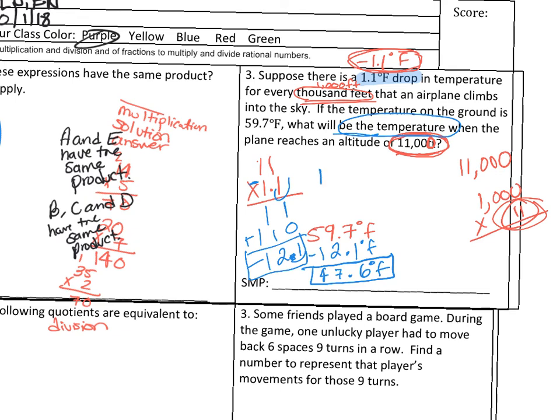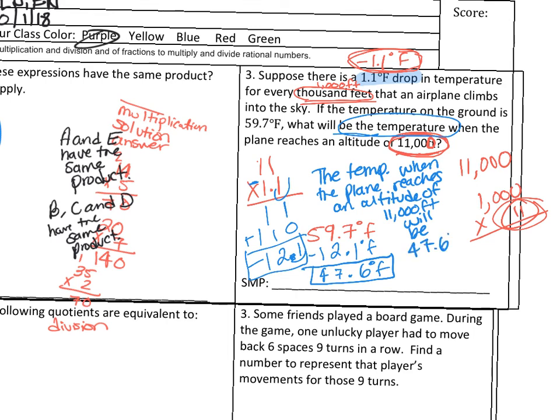So I'm just going to put the temp when the plane reaches an altitude of 11,000 feet will be 47.6 degrees Fahrenheit.